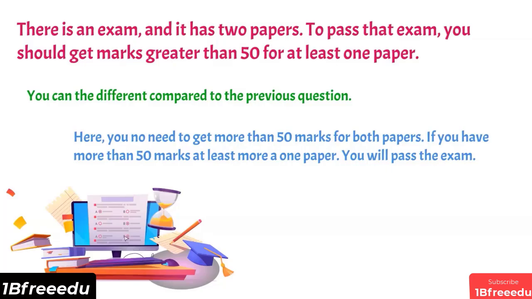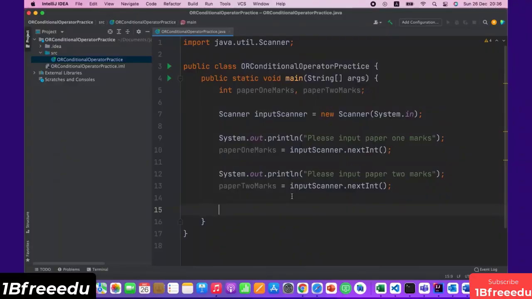Okay, let's begin to code. I write the essential things as in the previous video to read user input. Here, to pass the exam, you should get paper 1 marks greater than 50 or paper 2 marks greater than 50. Now I will show you how to code this.